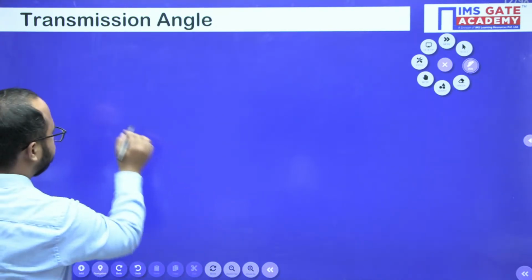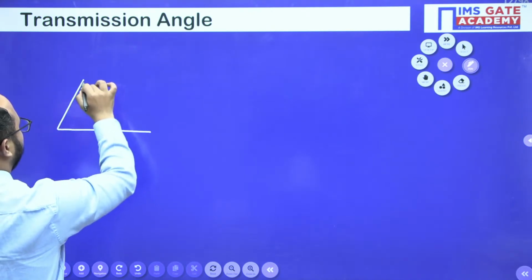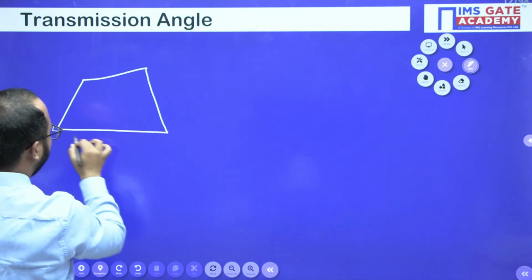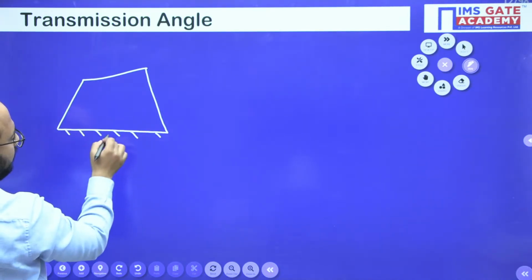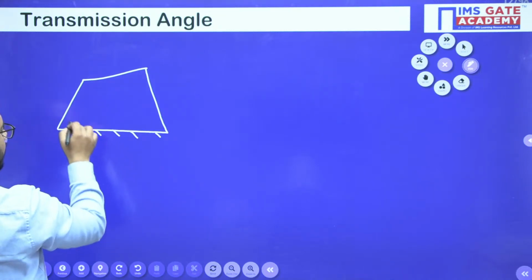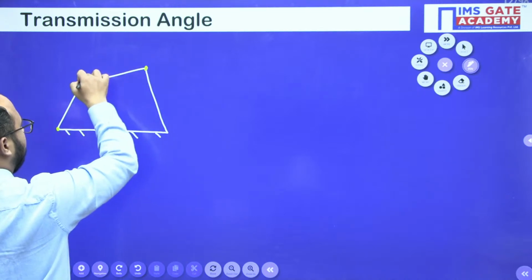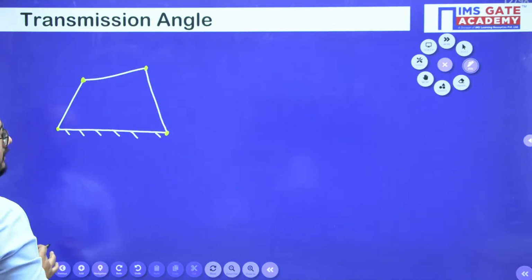Now see, first of all consider a 4-bar mechanism like this. Let's suppose these are the turning pairs. Now you should understand.